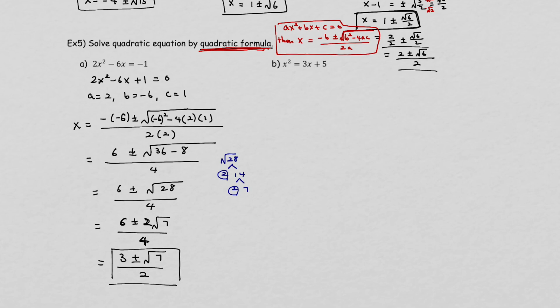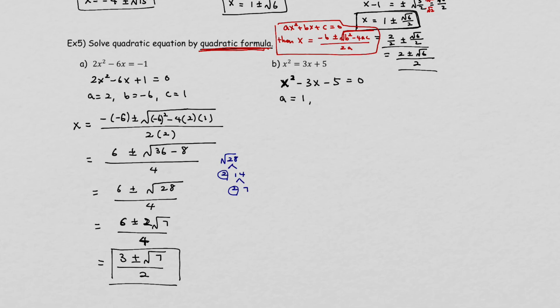Let's try that one more time with the next problem. Again, you need to make a standard form equals 0 by moving everything to the left side. You want to make your leading coefficient positive if you can, because that's usually easier. And you're probably used to doing it, right?